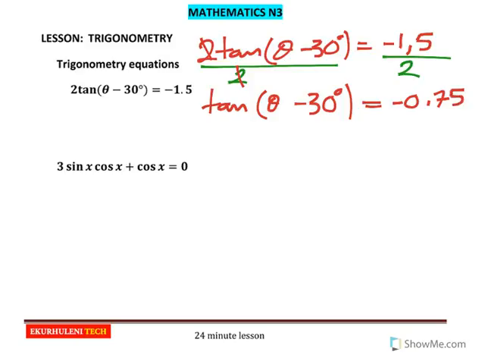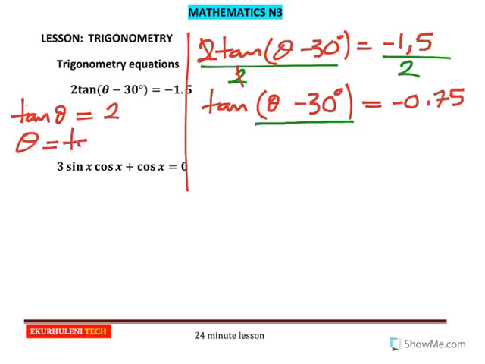Now when you have done that again, what you must remember is to now remain with this inside the bracket. We do the same thing like we did when it was a single thing. When it was a single, let me just show you a bit. Let's say they said tan theta is equal to 2. How do you find theta? You say theta is equal to arc tan 2.